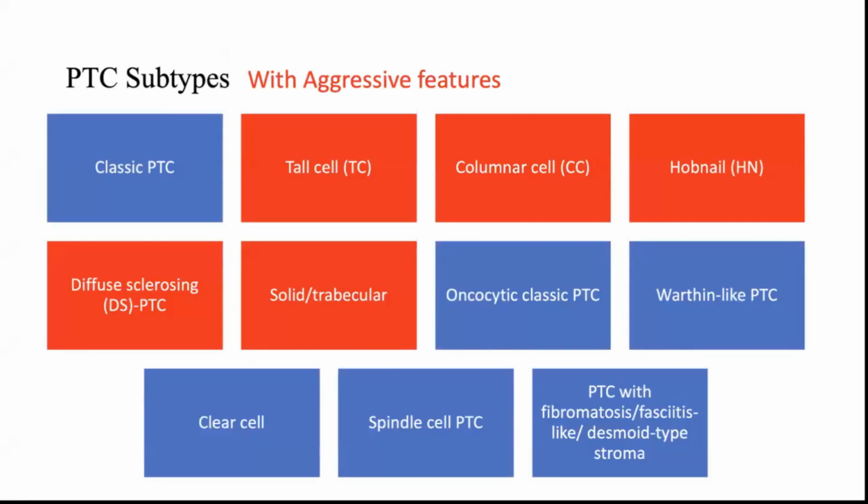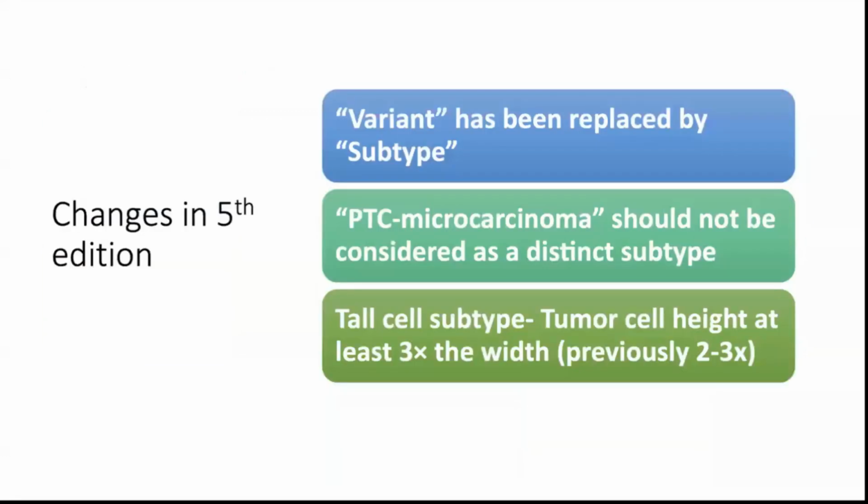The ones in blue are the subtypes which have a benign, indolent course, whereas the ones in red, that is the tall cell, columnar cell, hobnail cell, diffuse sclerosing, and solid trabecular, have more aggressive features. We'll see why they have aggressive features and what aggressive features they account for.